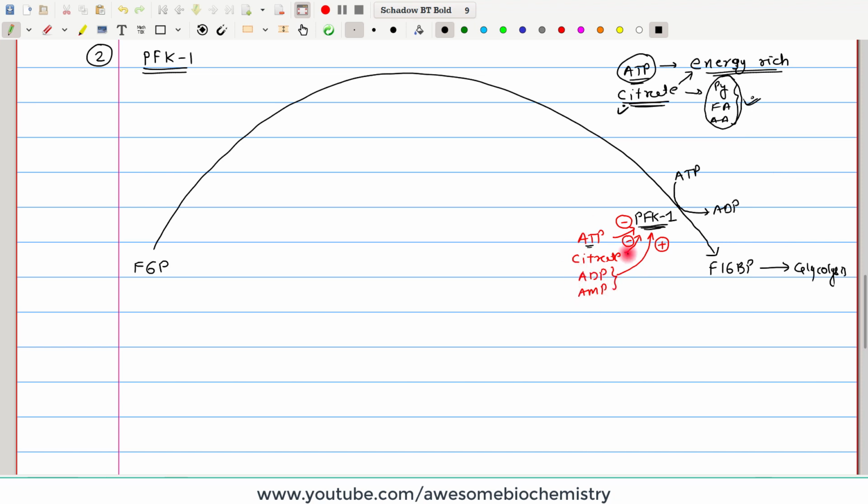Now what about ADP and AMP? ADP and AMP are both broken-down products of ATP. So when ATP loses its energy, ADP and AMP are generated.